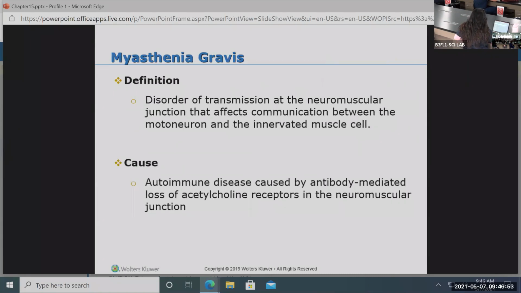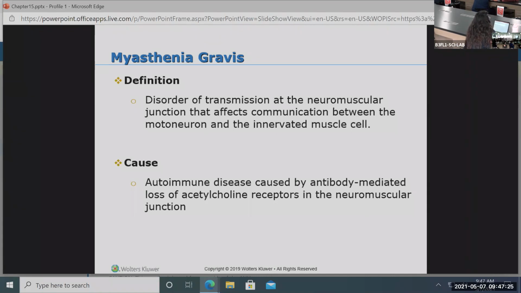Please highlight, it's important again, myasthenia gravis. Myasthenia gravis is a disorder of transmission at the neuromuscular junction. It affects the communication between the motor neuron and the innervated muscle fibers.